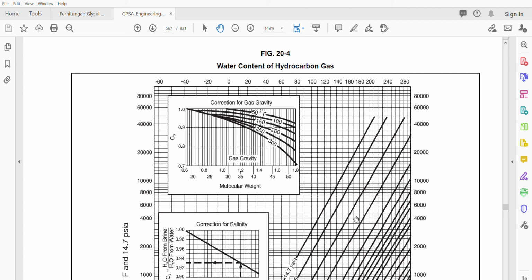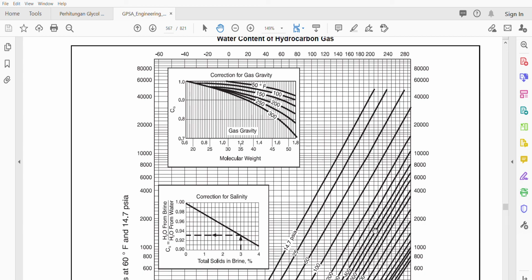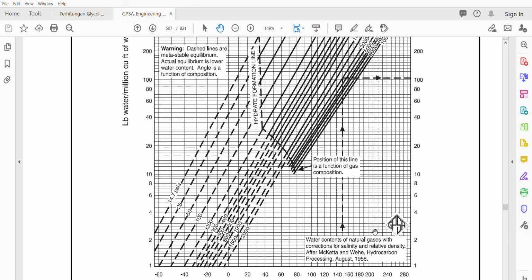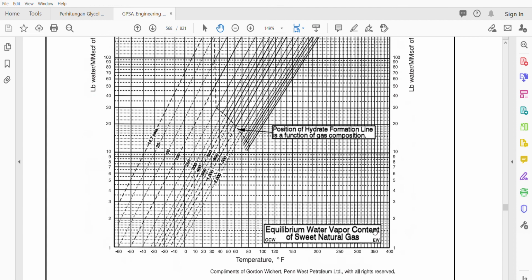But if the amount of water is smaller than the production water, it means there are two phases in the reservoir, which is two-phase flow, water and gas. And that's it.